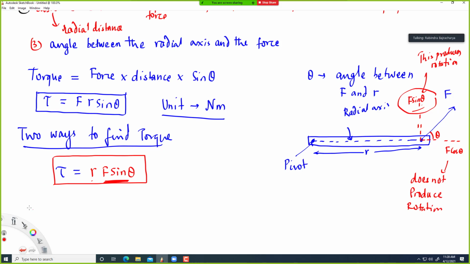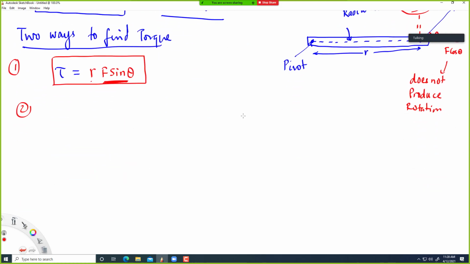Second way, now let's consider the same example. Okay, so we have the pivot here. We are applying force in this direction. Now this time, produce this force down like that.